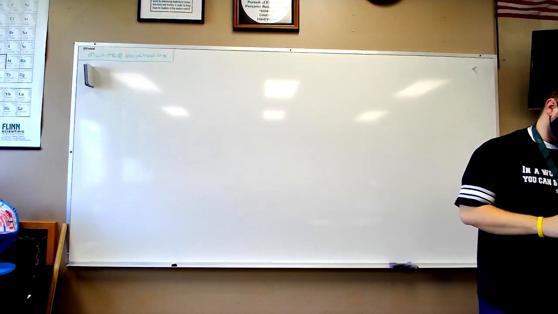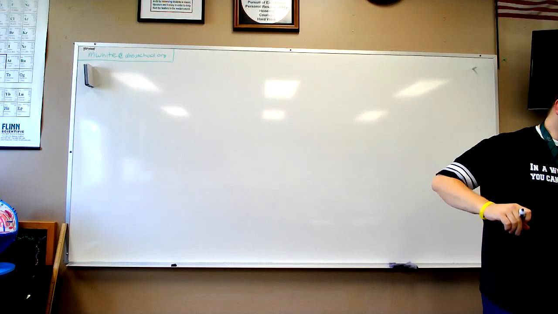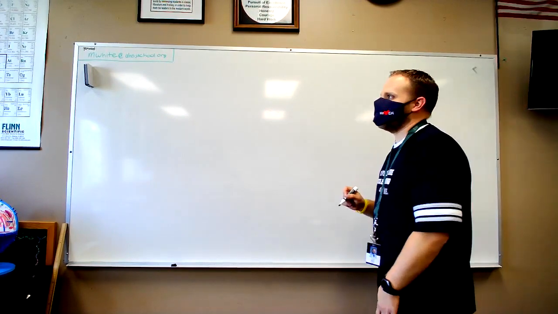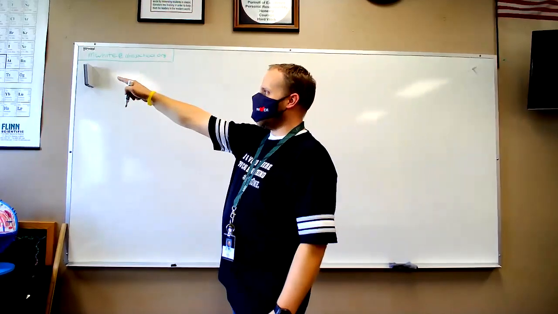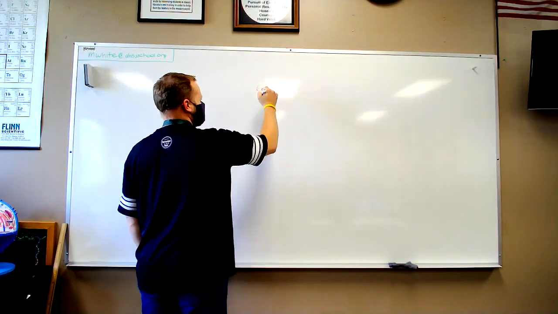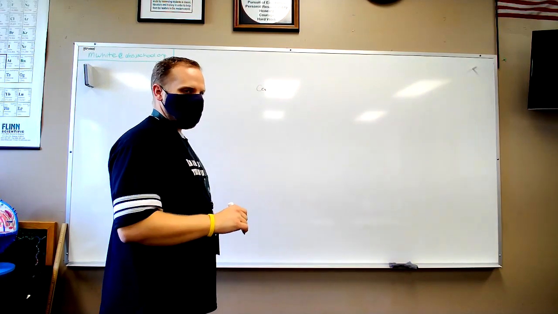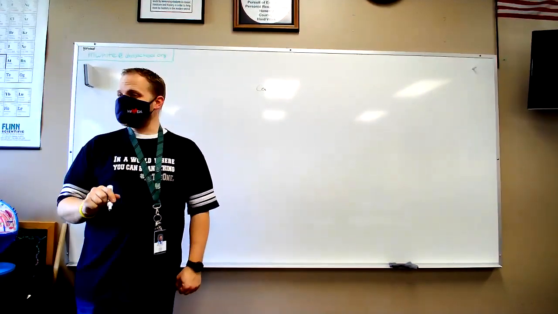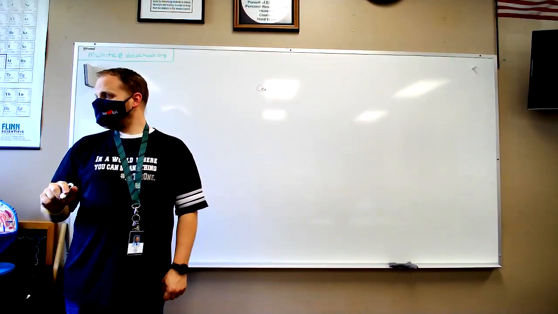Write the compound's formula. Okay, so calcium ions, the first thing. We find calcium right there. Number 20. It's in group 2. So what kind of charge should we expect on calcium? Positive, yes. Positive what? Positive 2.